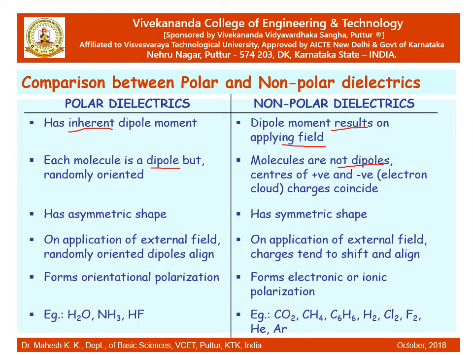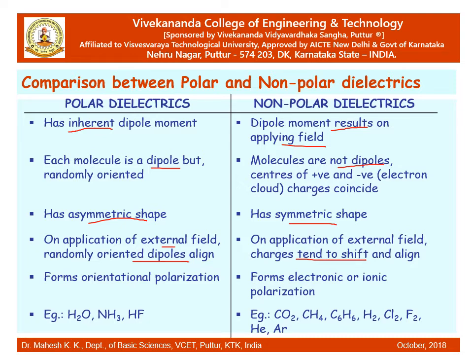In the case of polar dielectrics, it has an asymmetric shape. In the case of non-polar dielectrics, it is a symmetric shape. In polar dielectrics, on application of an external field, randomly oriented dipoles align. In non-polar dielectrics, on application of an external field, the charges tend to shift and align.